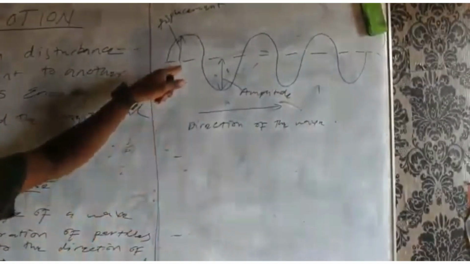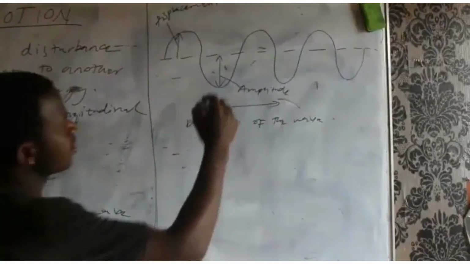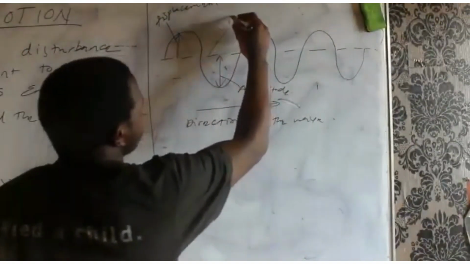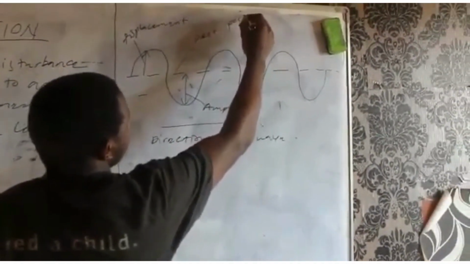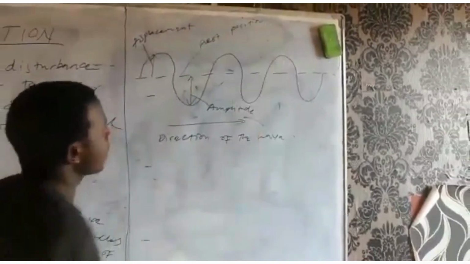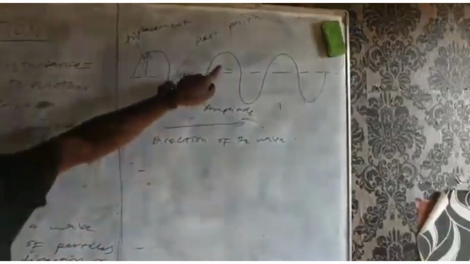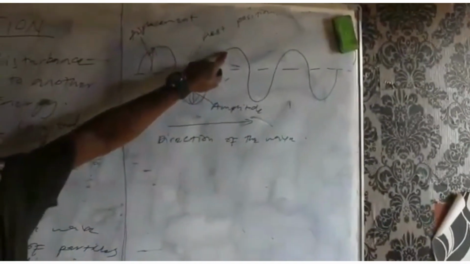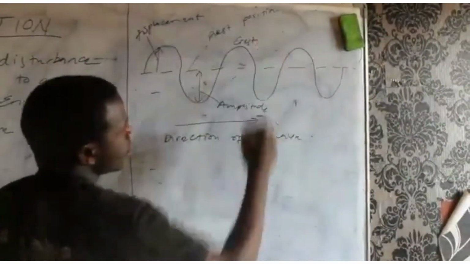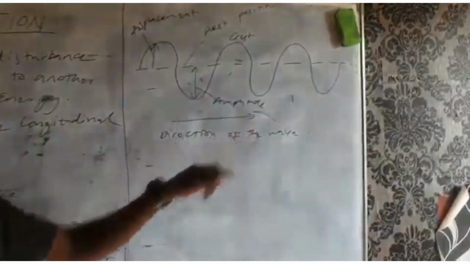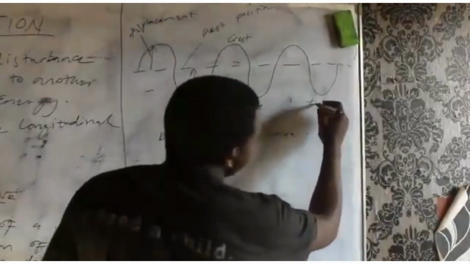Then the dotted line is referred to as the rest position, then the upper part of the wave here is referred to as the crest. The lower part is referred to as the trough.